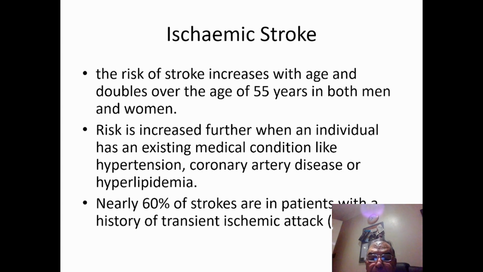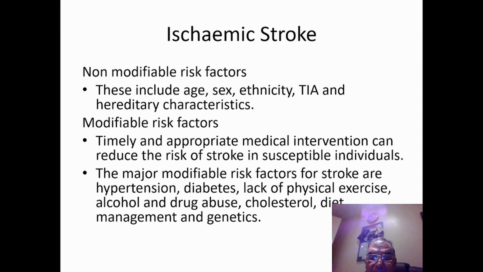Now, a few words about epidemiology and risk factors. The risk of stroke increases with age and doubles after the age of 55 years for both men and women. The risk is increased further when an individual has an underlying medical condition such as heart disease, dyslipidemia, or hypertension, and some patients will have a previous history of TIA.